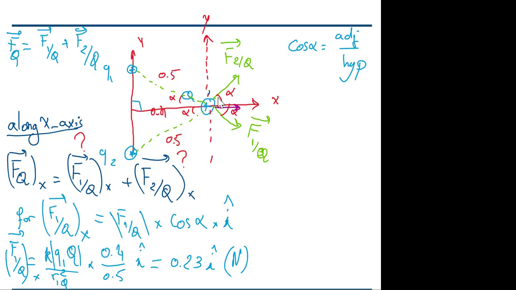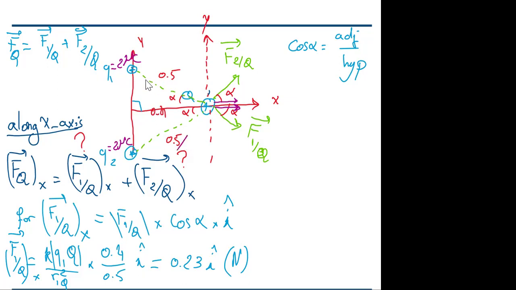Now let's move to the second vector. As we see here, this is our F2 on Q, and it has an x component in the same direction. Is it in the same magnitude? Yes. Why? Because Q1 is 2 microcoulomb, Q2 is 2 microcoulomb. The distance between Q1 and capital Q is 0.5. The distance from Q2 to capital Q is 0.5.